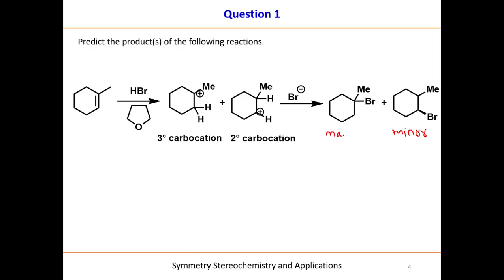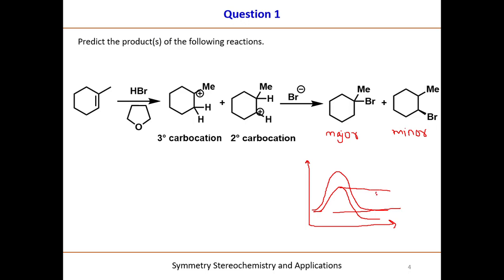I hope all of you have learned from the classes taken by Professor Anshuman Roy Chaudhary, which are available on YouTube. So you can see the graph here also. This is the starting material. Here is the product via tertiary carbocation, and via secondary carbocation this becomes the product. If you see, the activation energy is high for the secondary carbocation compared to the tertiary carbocation.